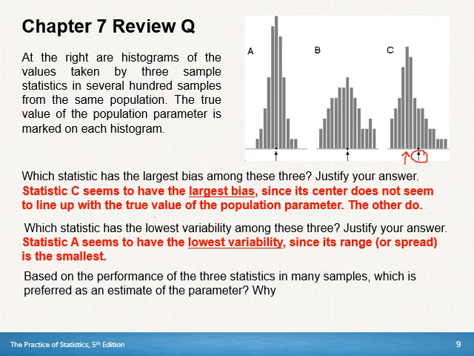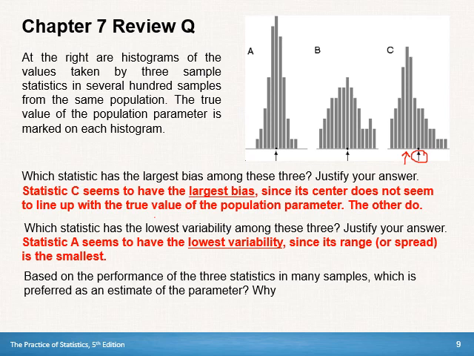All right, so based on the performance of the three statistics in many samples, and based on the approximate sampling distributions of the statistics, which statistic does the best job at estimating its parameter? I think we would all agree that C is the worst one for sure.